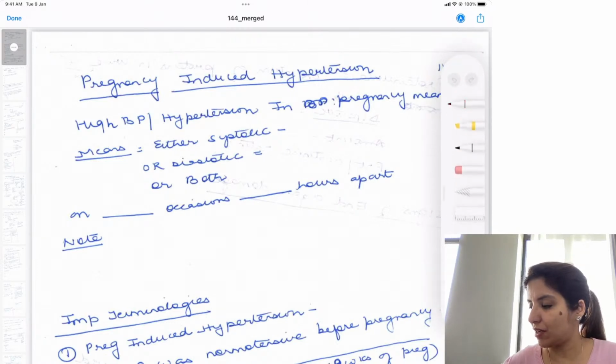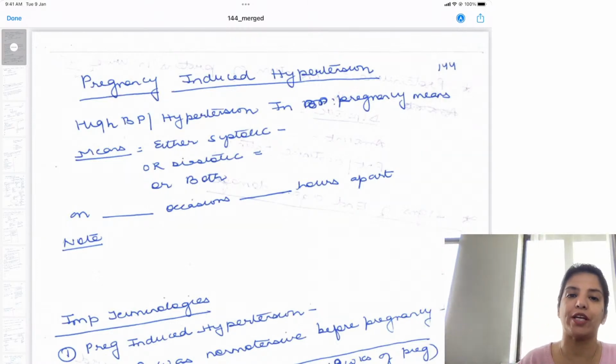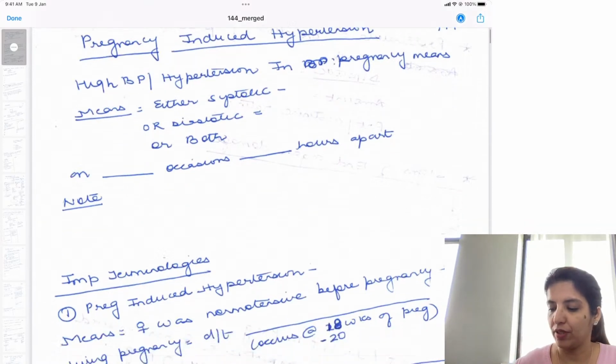So this is especially for Bishkek students. They have received these PDFs. I am going to teach PIH over here for all the foreign medical graduates. Now suppose you do not have these notes, because if you are not a part of IMH, you will not be having these notes. So then in that case, just copy what you can copy. Otherwise, after the session is over, you can copy.